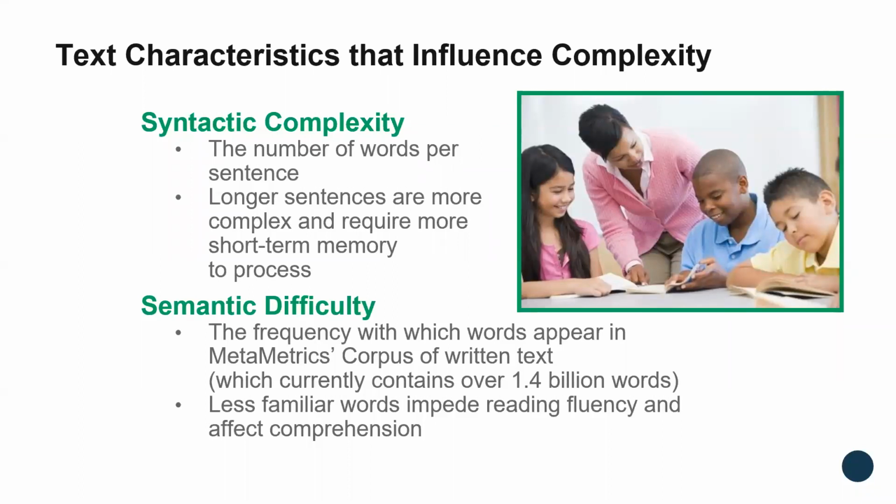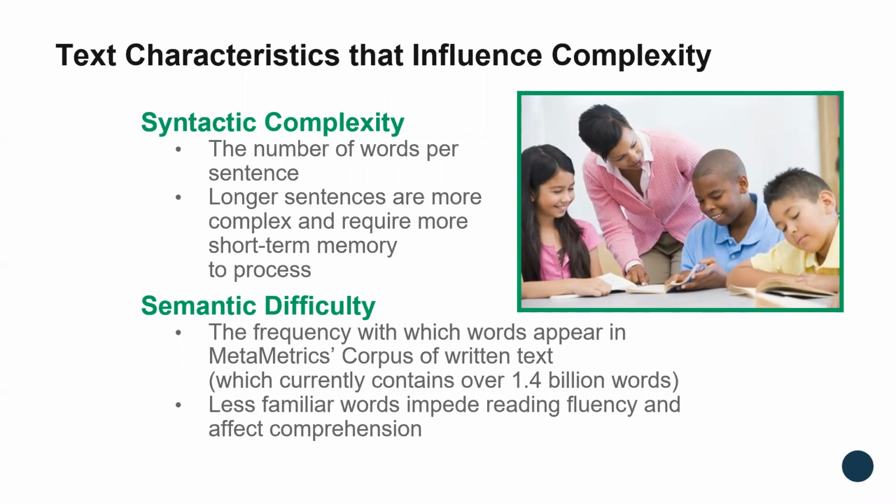That Lexile measure of text complexity is telling you two things about the text. First, the syntactic complexity, or the number of words per sentence. And secondly, the semantic difficulty, or the frequency with which the words appear in our corpus of text.